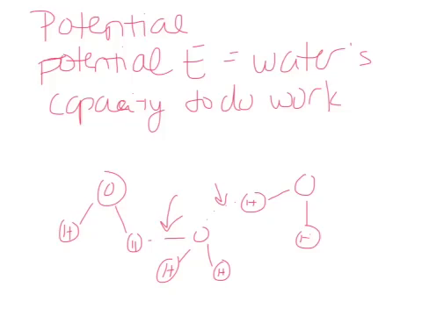If something is able to dissolve in water, it's because water is more attracted to the solute than to the other water molecules. Let's say you have some sugar or some salt dissolving in the water. The water is more attracted to that sugar or salt than to the other water molecules, so it disrupts these intermolecular forces, in particular the hydrogen bonds. That makes the water molecules less likely to move, so it decreases their potential to do work.